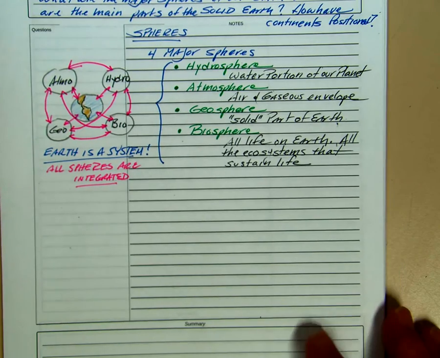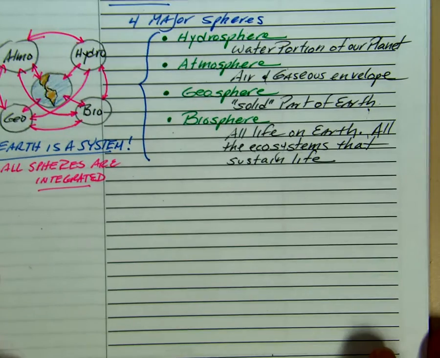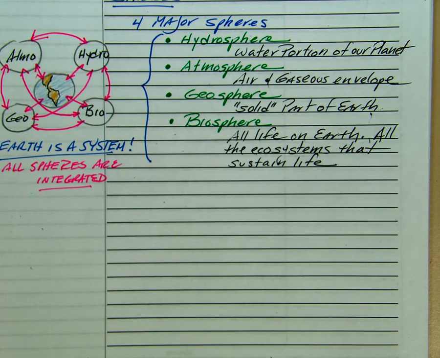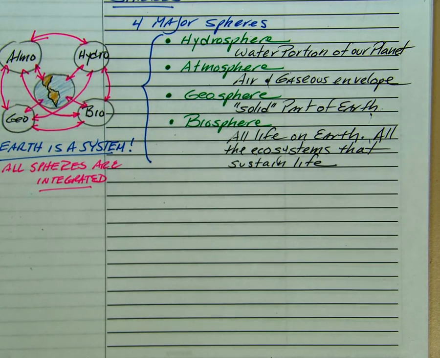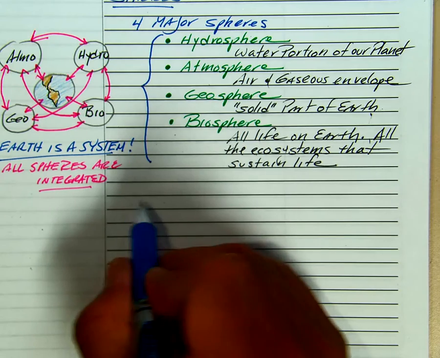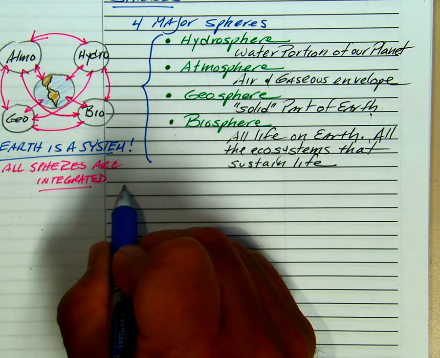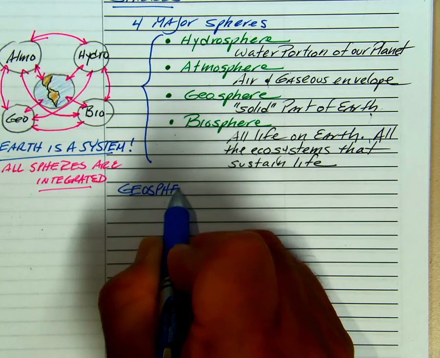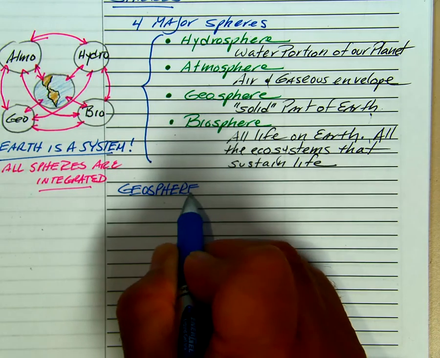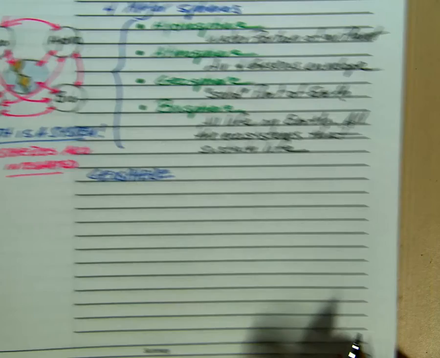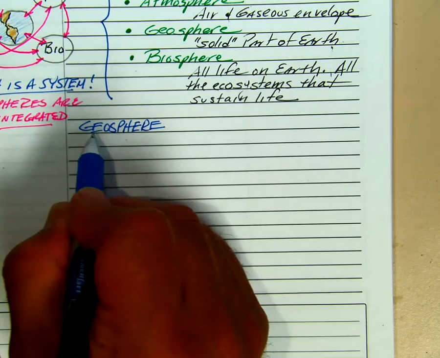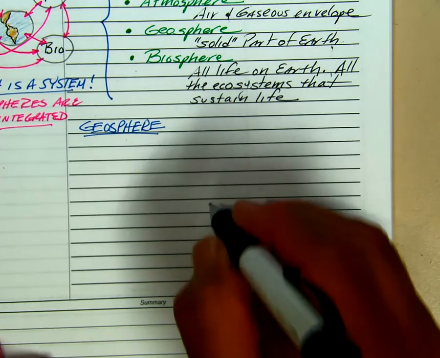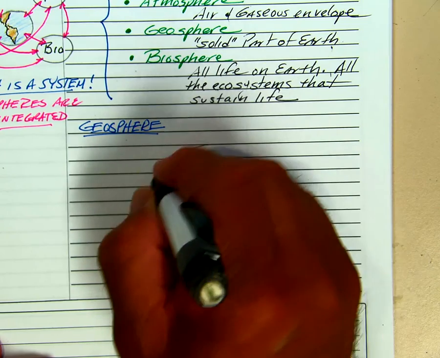Now, the next thing I need you to do is look at understanding the solid part of the Earth. So we're going to look at the geosphere, and I'm going to do some drawing on that. So here's the geosphere. What I'm going to do in this case is draw the planet as best as I can.